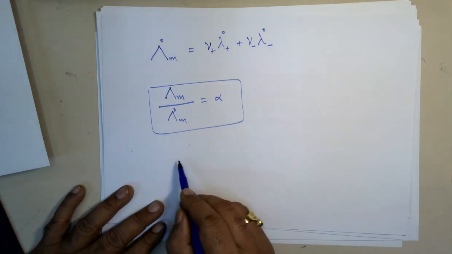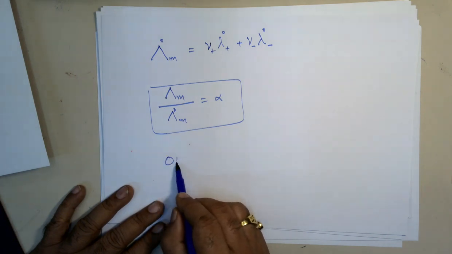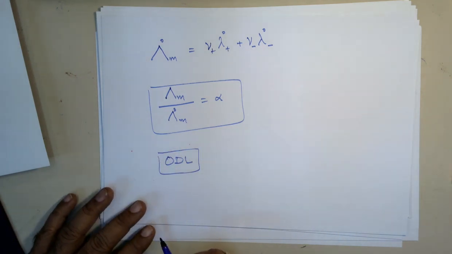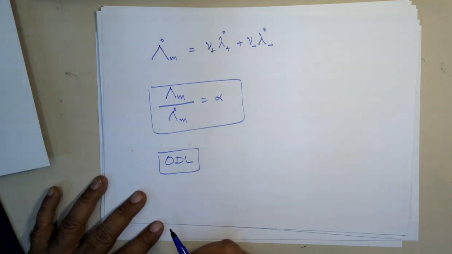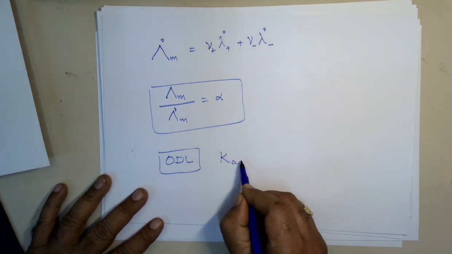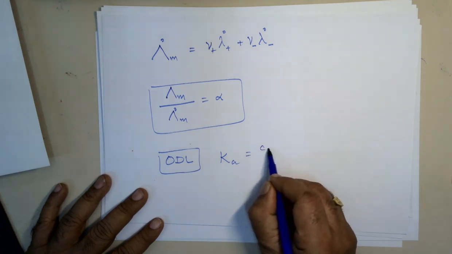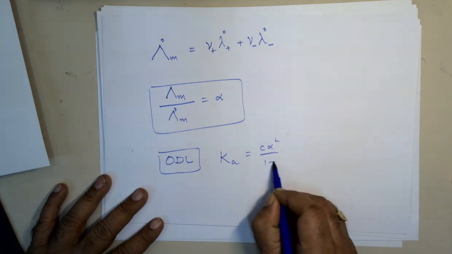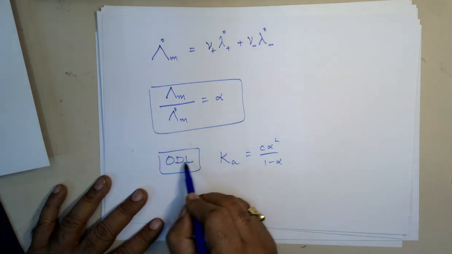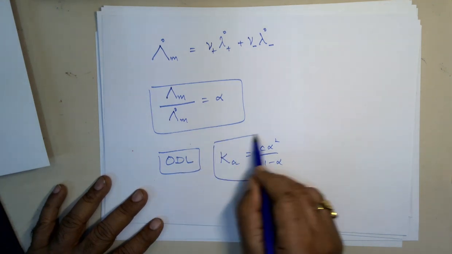And we have got another equation called Ostwald's dilution law. This we have already discussed under ionic equilibrium. According to this, Ka is equal to C alpha squared divided by 1 minus alpha. Okay, C alpha squared divided by 1 minus alpha. I will show you how to derive the ODL also.